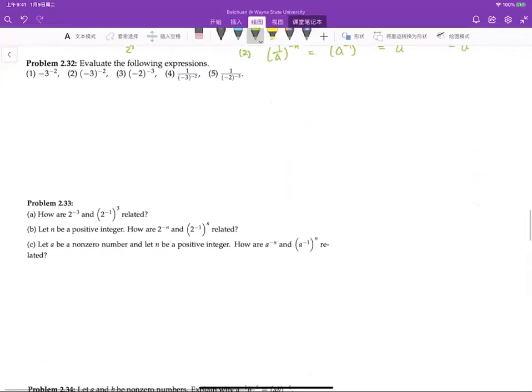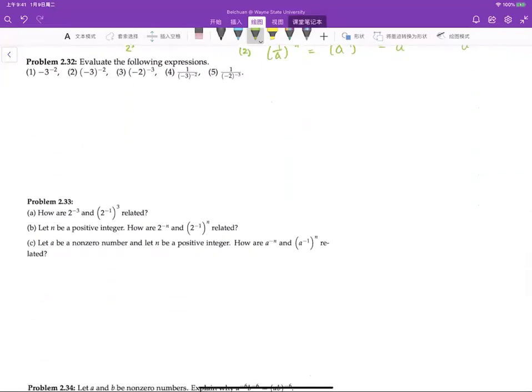Right, so how about 3.32? Evaluate the following expressions. Anyone wants to do the first and second and third? William, okay, go ahead.